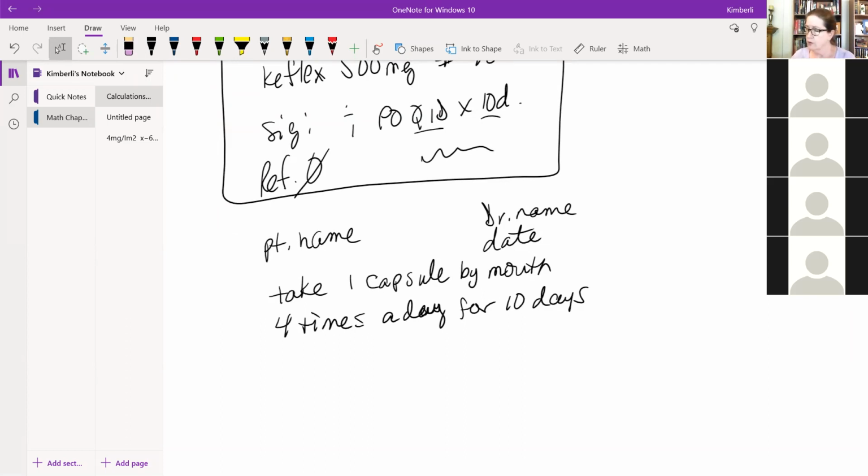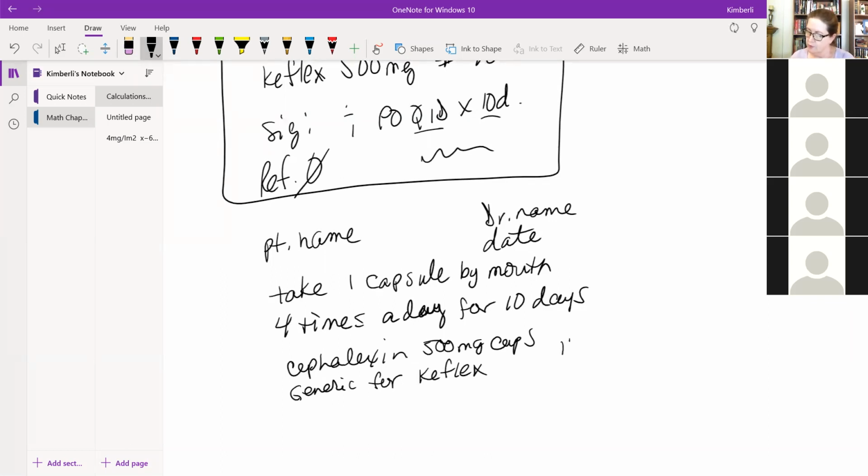And now we might give them cephalexin, which is the generic. Cephalexin, 500 milligram caps. And then we're going to put generic for Keflex. And we're going to put number 40, and we're going to put 0 refills.